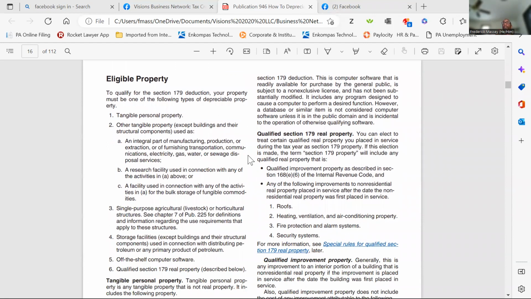What this section states basically is that the items you're deemed as assets that you depreciate, where you have to take it over a period of time in a useful life, you can take the full deduction in the tax year that you purchase.